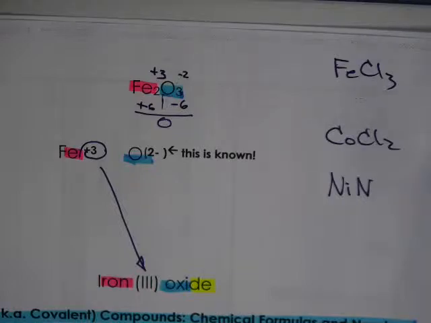That's a red flag saying that in my name, I have to have the Roman numeral. That's the first flag that should go up. Second, at this level, you have to know that, otherwise you can't do this problem, and you will always be given information. Whenever you look at the periodic table, you will see that the chloride ion is always -1. This 3 tells me I've got 3 of these.